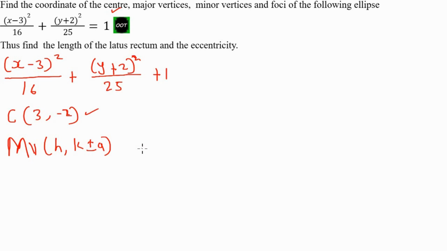So we need the value of a. Remember, a will be the largest. So we take a squared to be equal to 25, and this implies that a will be equal to 5. And b squared will be 16, and this also implies that b is equal to 4.